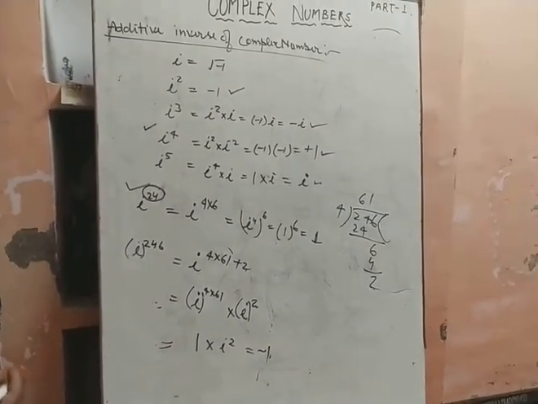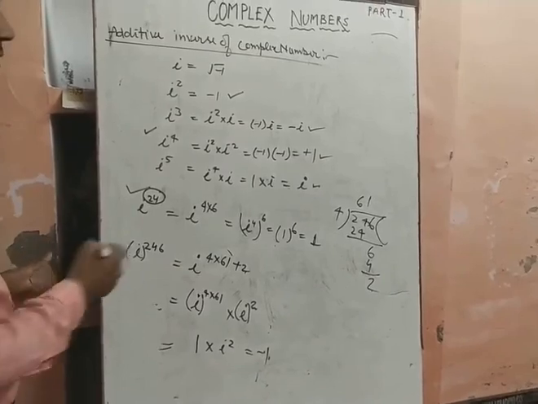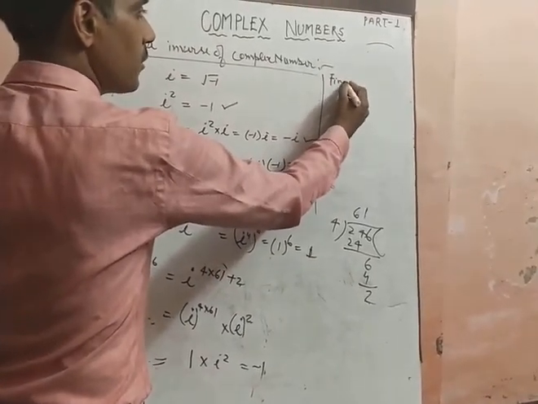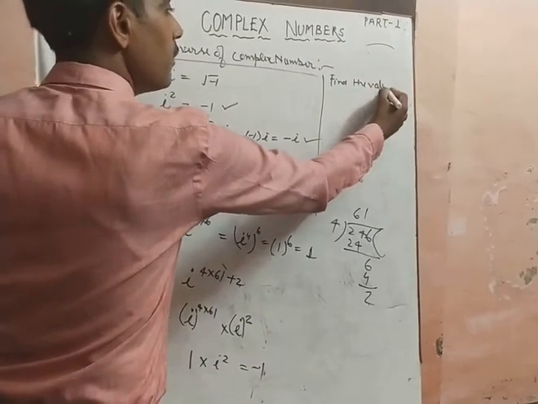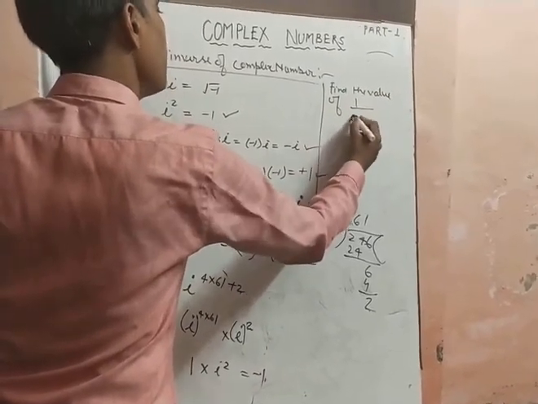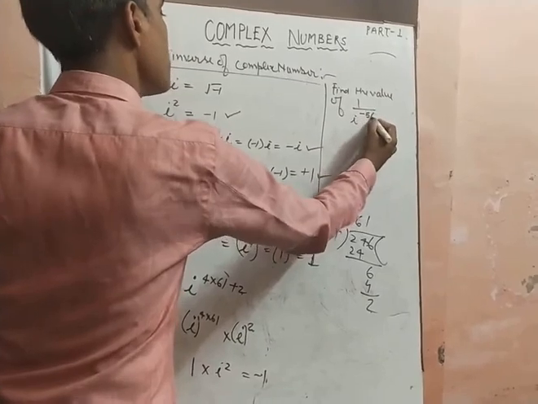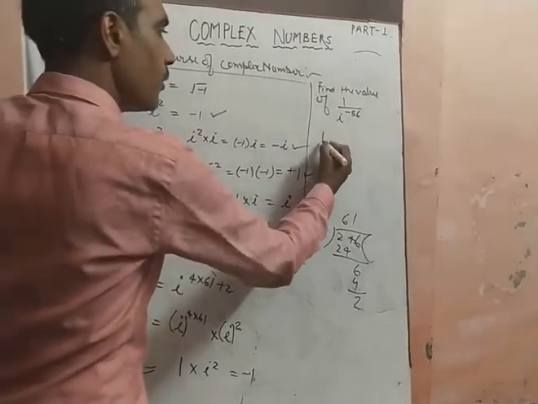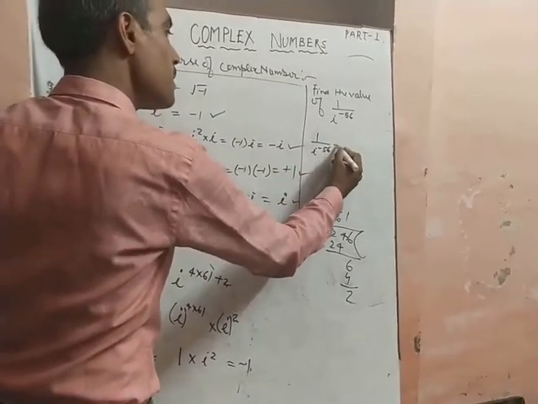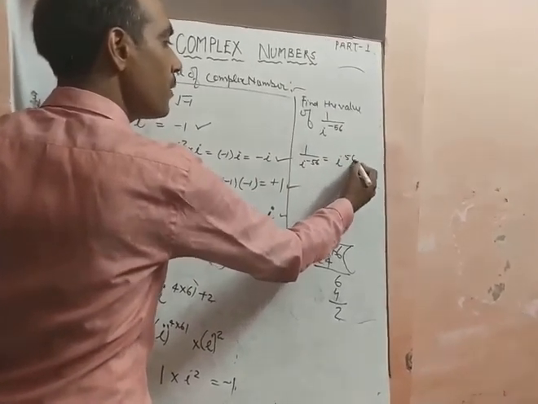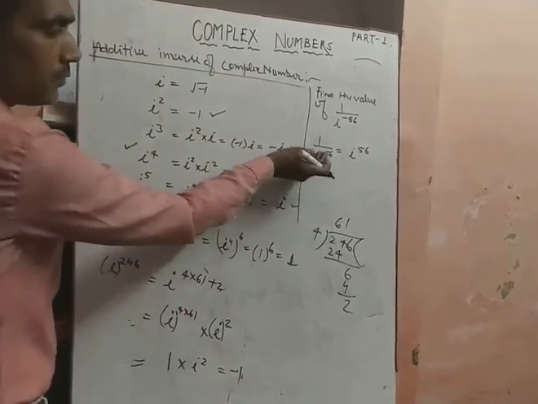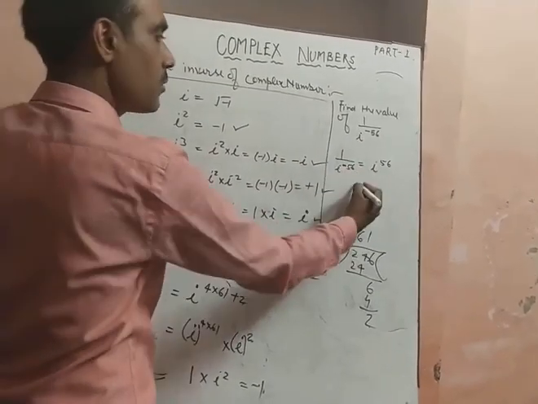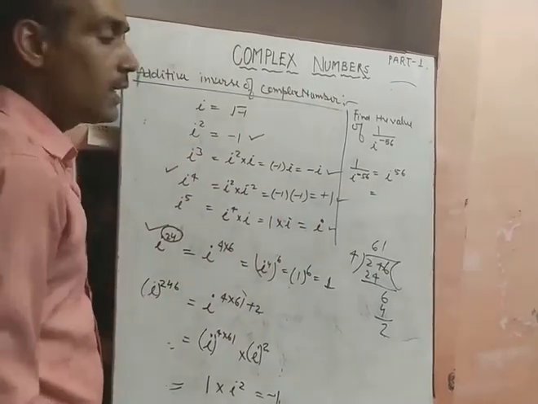Now let us take another example. Find the value of 1 upon i raised to power minus 56. Then 1 upon i raised to power minus 56 is equal to i raised to power 56, because when it comes up, the sign is changed.